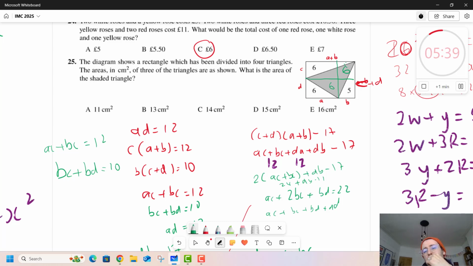This bit, these bits... I've got 5 minutes left, and I don't know.